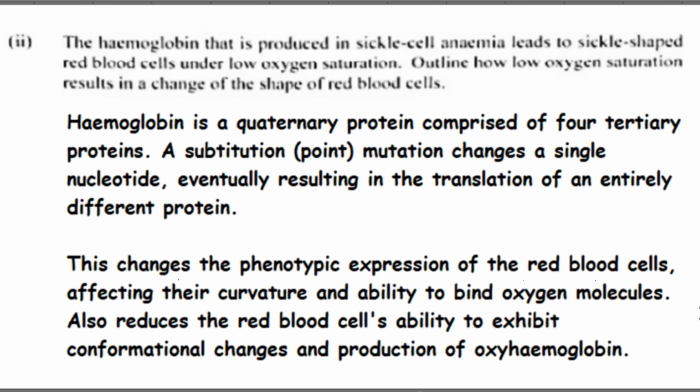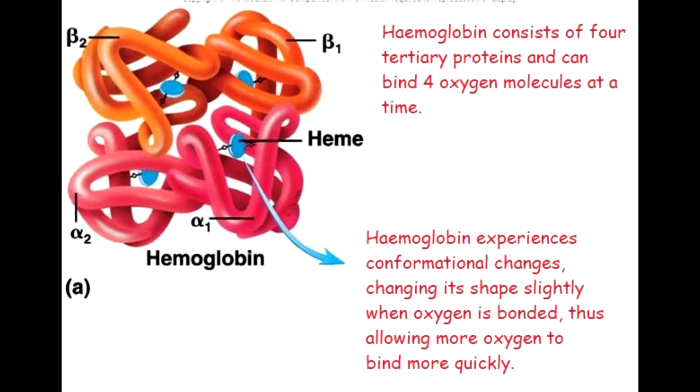Now, typically, the ability that hemoglobin has is that when an oxygen molecule binds to one of the 4 sites, it actually makes it a little easier for the other 3 to be able to bind oxygen. So you could say what we call the affinity for oxygen increases.